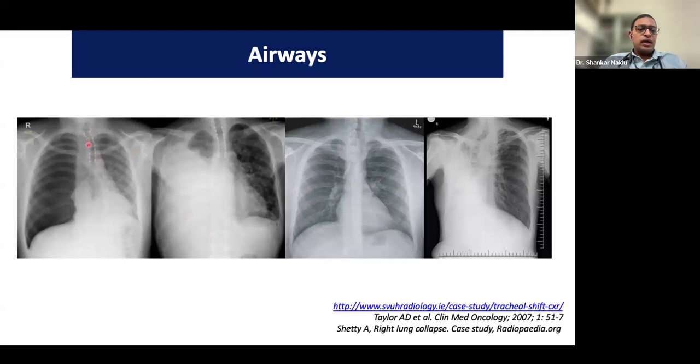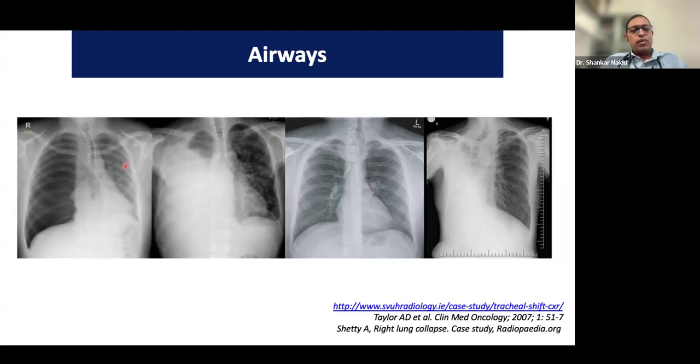As you can see here, the trachea is deviated to the left side. This is mainly because there is a compression from the right side. So there is a large pneumothorax which is putting pressure over the trachea and pushing it onto the opposite side. Similarly, large effusions can again push the trachea to the opposite side.